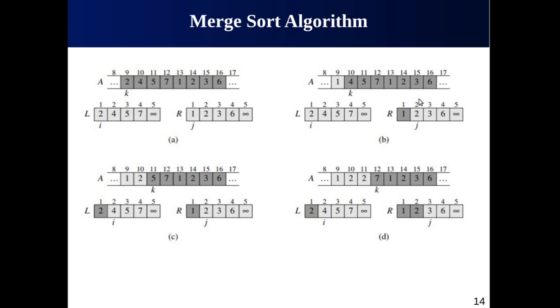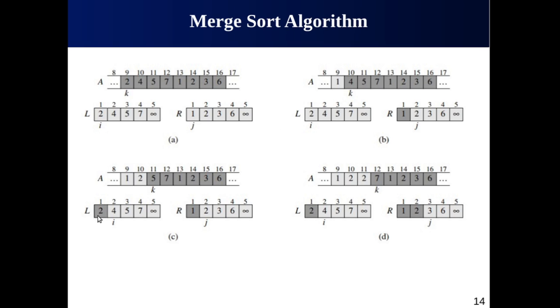Now recursively, do the same thing again. Compare the element at the ith location with the element at the jth location. After comparison, we came to know that these two elements are the same. So in that case, as I mentioned earlier, once two elements are exactly the same, it is up to you whether you want to move this element or this element, but we prefer to move the element from the left sub-array.